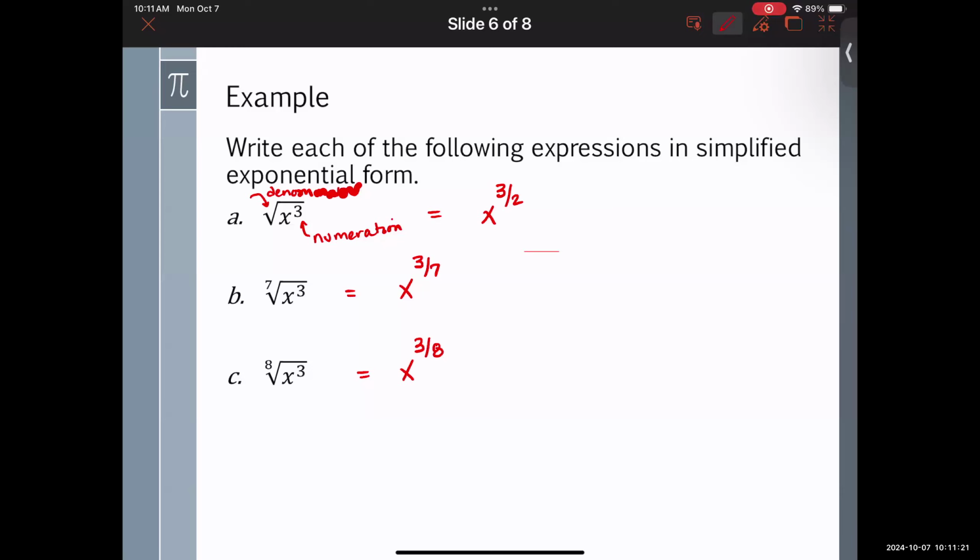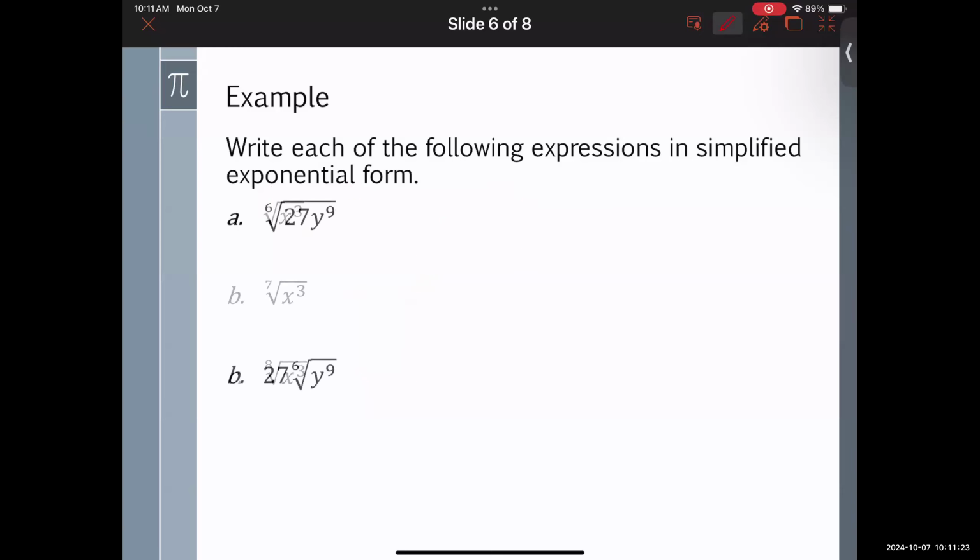Now you might be able to simplify these. For example, this one, you might be able to reduce or simplify once you've written it with the rational exponent. So this would be 27 y to the 9th raised to the 1/6 power. 6th root is 1/6 power.